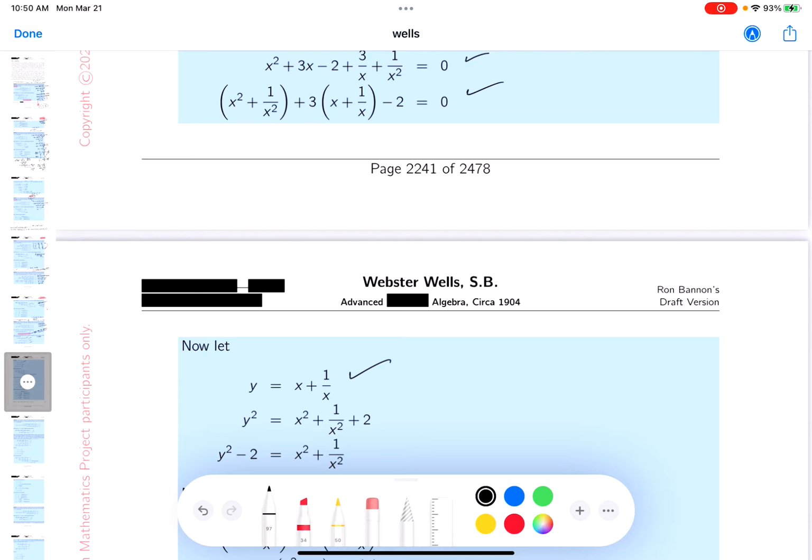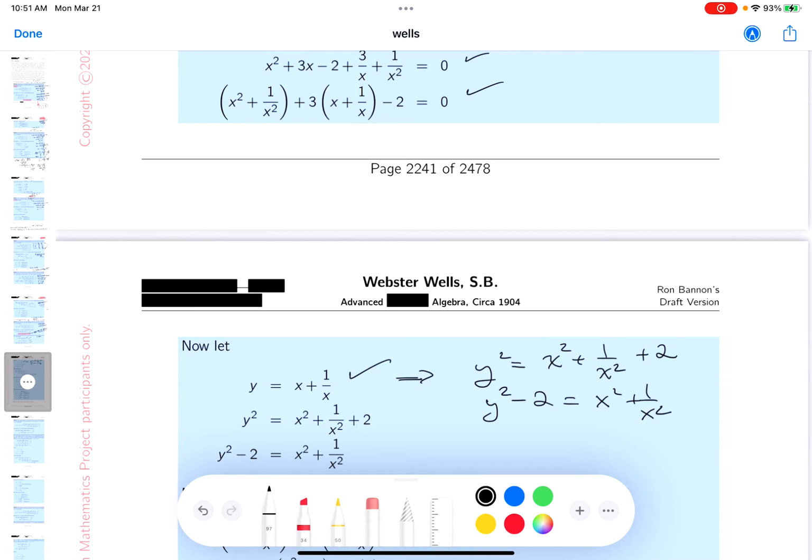All right, when we go through that substitution, I got to get that equation now in terms of y, which could be very difficult to do, by the way, but it doesn't look that bad. For example, if you square both sides, what do you get? You would get y squared, x squared plus 1 over x squared, then you get 1 plus 1, which is 2. So y squared minus 2 is equal to x squared plus 1 over x squared.